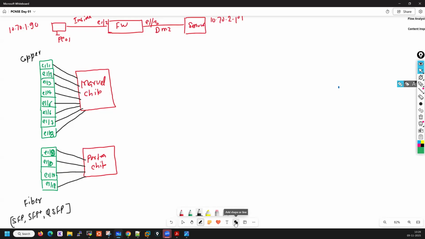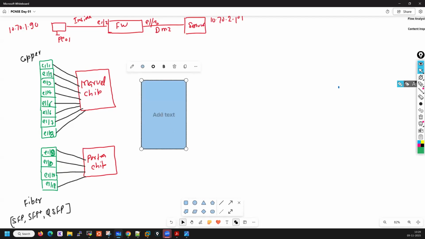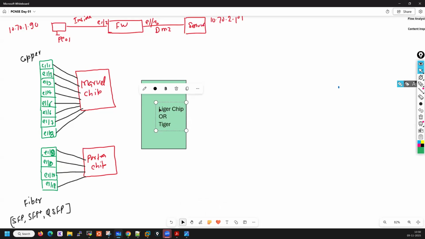Now after this chip, we have one more processor. That processor is the Liger chip or Tiger chip.